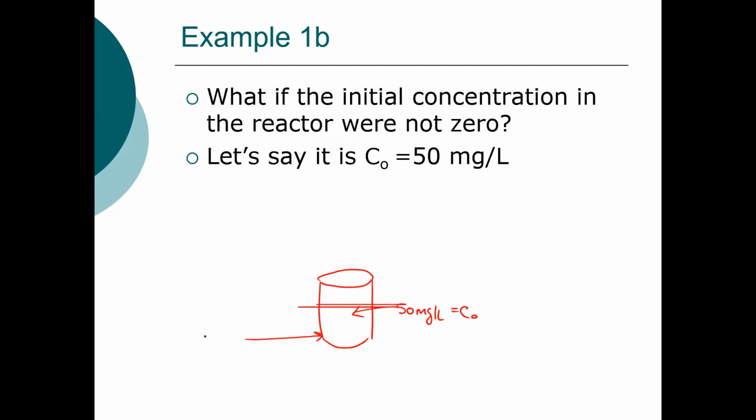We're still pumping in a 100 milligram per liter solution. We still have C out here. Q is still the same, and the volume is still the same. So we keep everything constant, except that this time we have a 50 milligram per liter solution in the reactor.